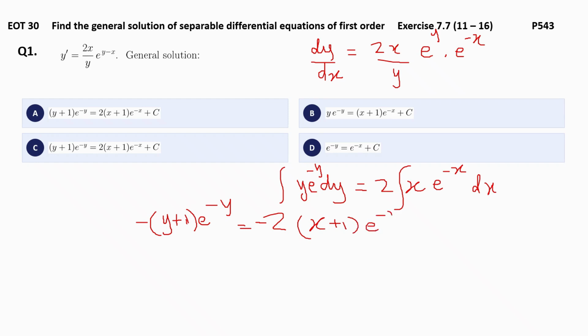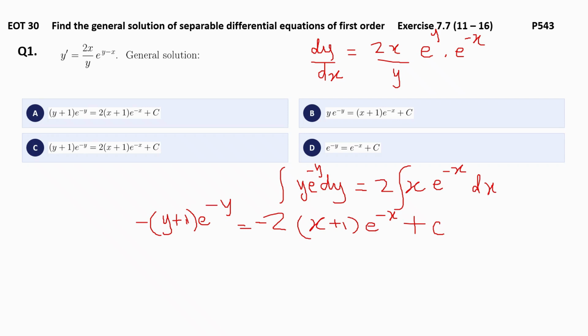So you can have this concept intact. So I repeat, you will find a negative, then that variable plus 1, e power negative variable. Got it? So here why 2 extra? Because already you have a 2 as a constant.